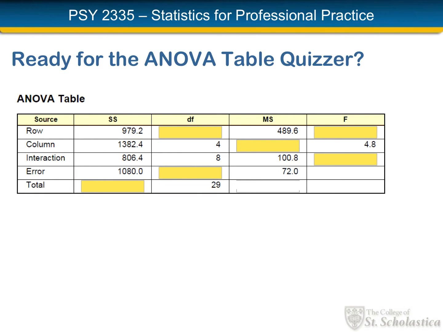So now that we've walked through an actual analysis of variance table for a two-way ANOVA, you should be ready to use the ANOVA table quizzer to practice understanding these relationships on your own. And I do recommend very strongly that you use that ANOVA table quizzer to practice so that you'll be ready for a question like this when they show up on the exams.